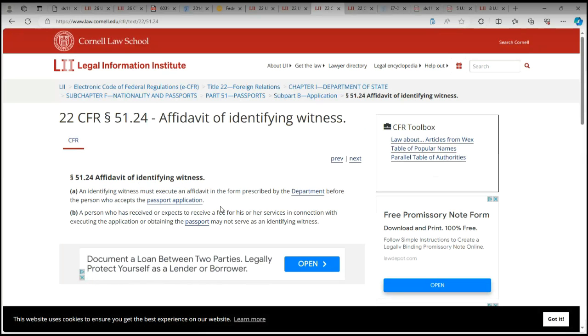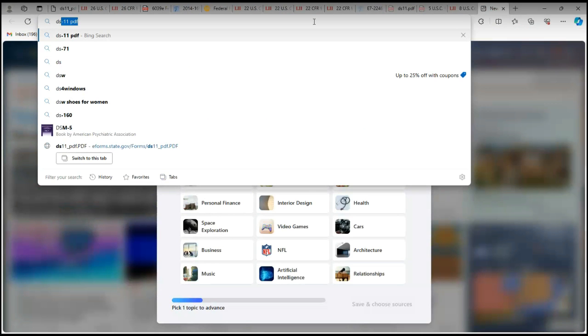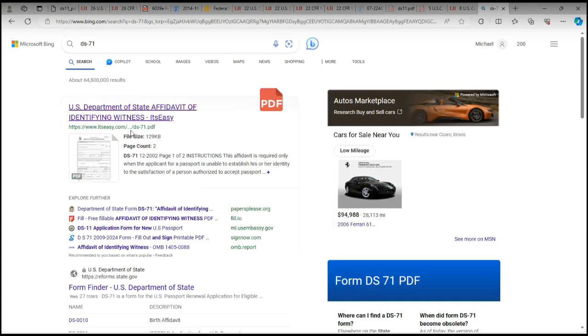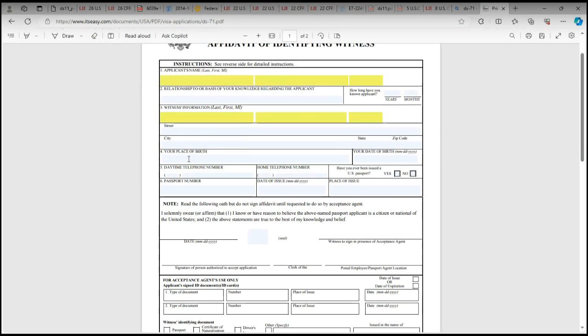Right. And the crazy thing about their passport application, which is, let's look it up real quick. What is it? DS-71? Yeah. Right. This ain't nothing. It doesn't even say anything.